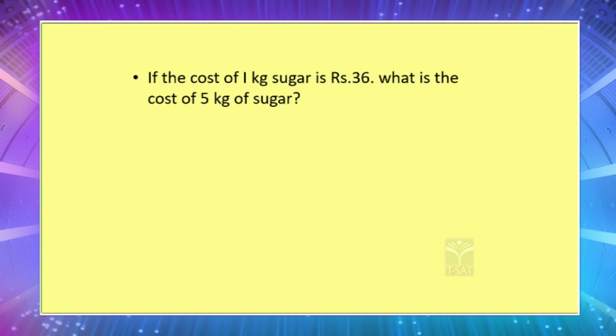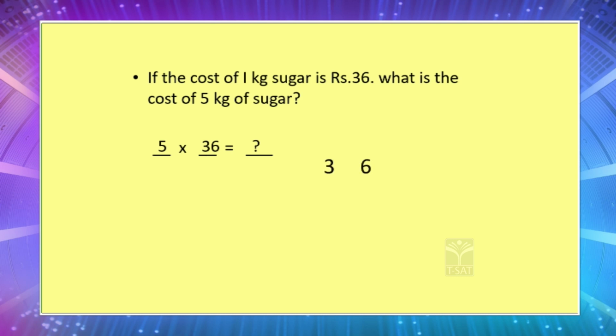If the cost of 1 kg of sugar is 36 rupees, what is the cost of 5 kgs of sugar? We already learned how to find the result, but here we have to discuss the process of multiplication in standard form. We know that 5 into 36 means 5 times 36.